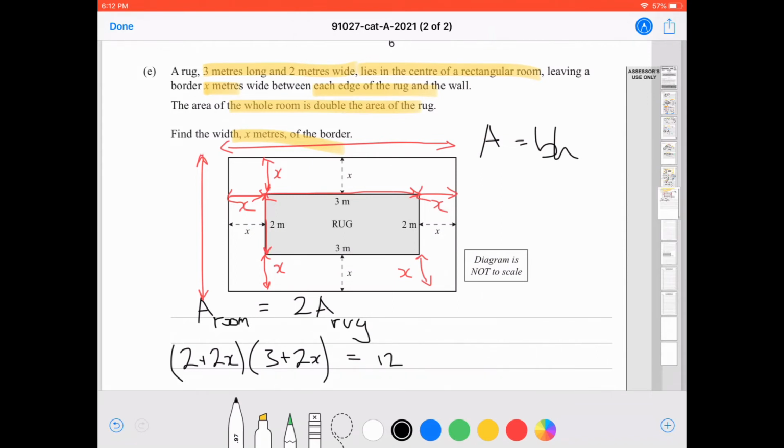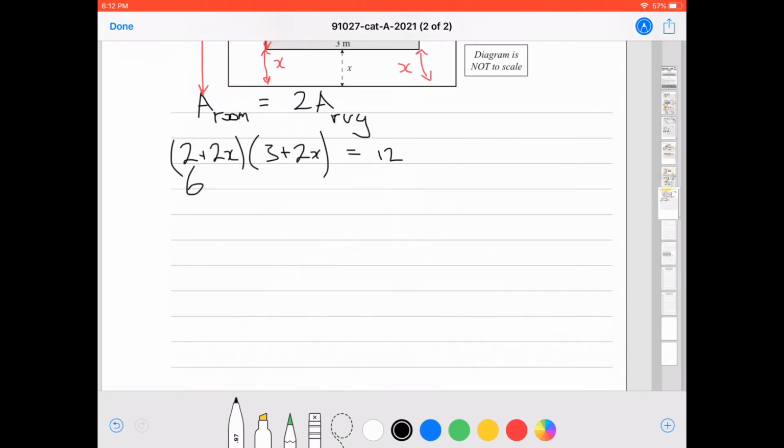Okay, so we've established this equation here. Let's expand our brackets. We've got 2 times 3, 6, plus 4x plus 6x is positive 10x, and then plus 4x squared, and that all equals 12.